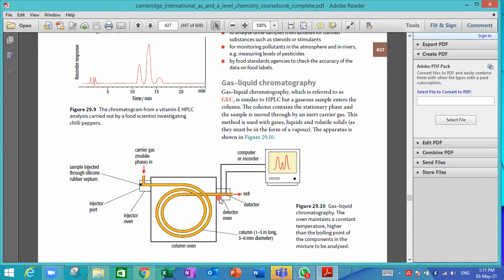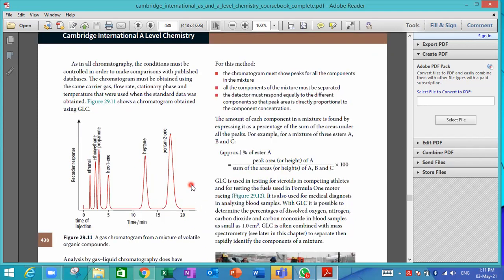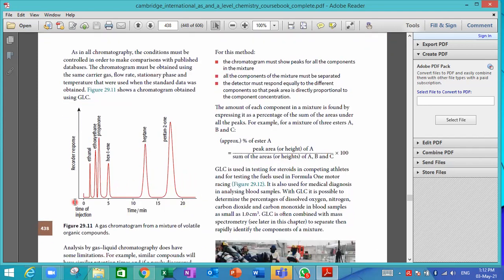So we have 2 factors here, the molecular mass, because the gas can move the components that have smaller molecular mass more than the components that have higher molecular mass. So if you look here at this gas chromatogram, you will find that here we have ethanol, here we have hex-1-ene, here we have heptane.